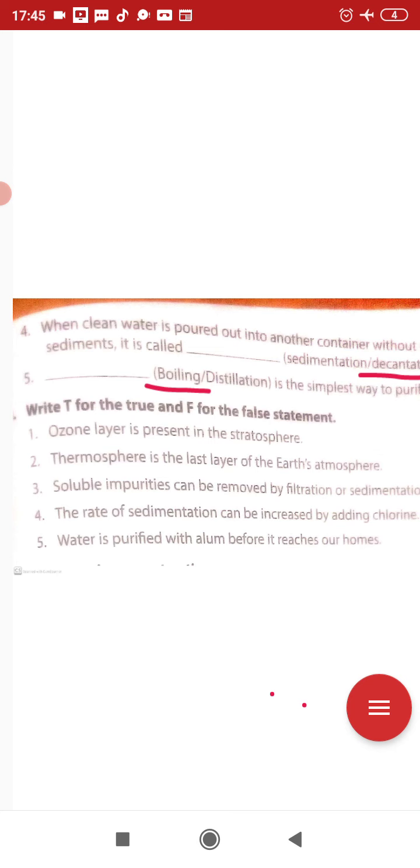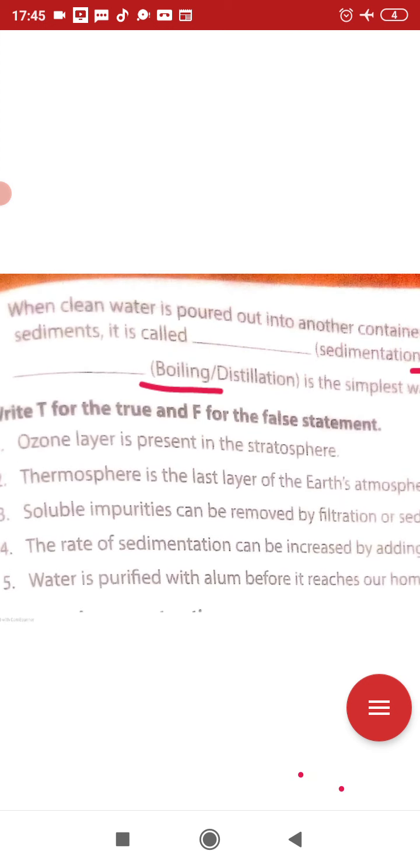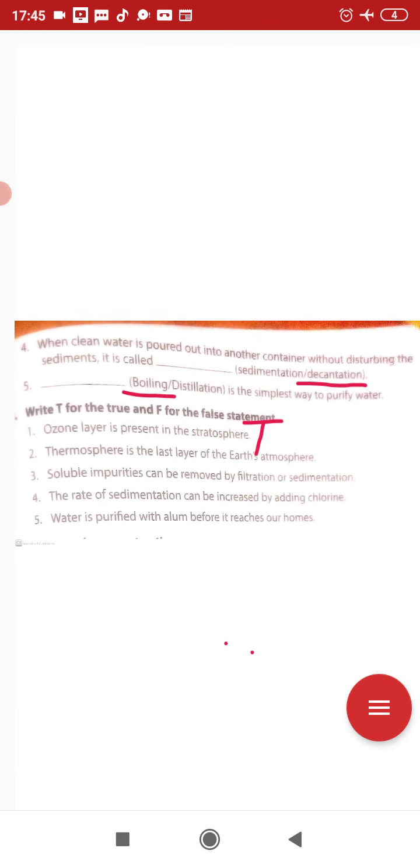Three atoms of oxygen collectively make an ozone molecule. So this layer is very protective for us, as it protects us from ultraviolet rays. So this statement is true. It is found in stratosphere. Write capital T.